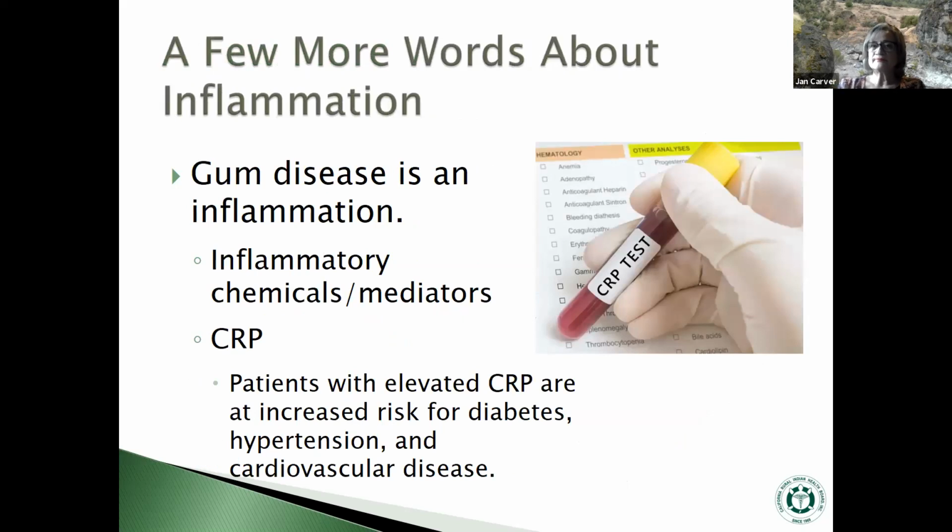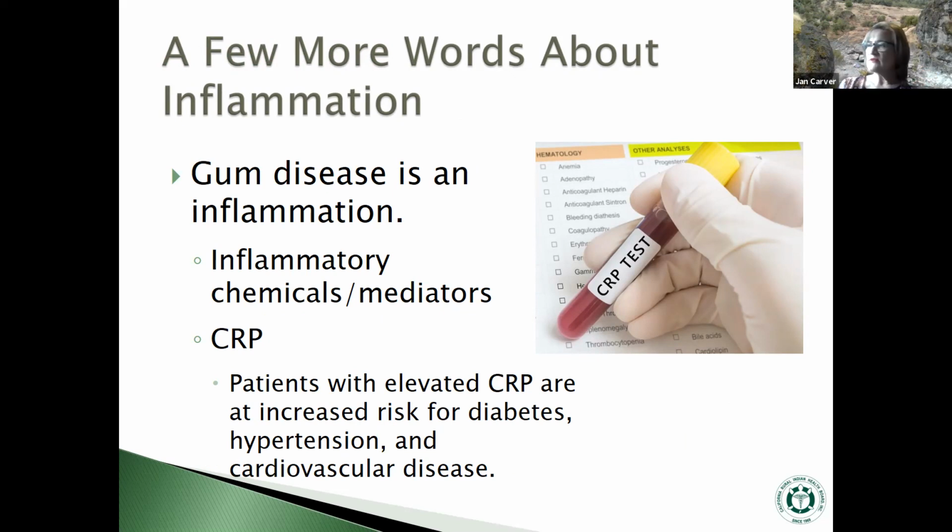So, as I mentioned earlier, inflammation is the key to the damage from both periodontitis and very likely from these other systemic illnesses like heart disease.